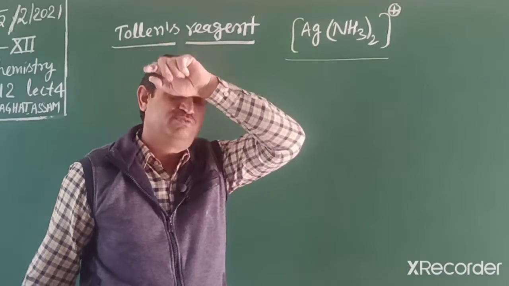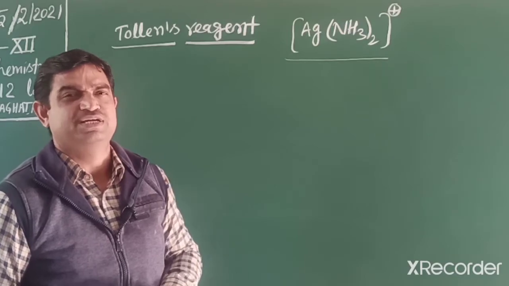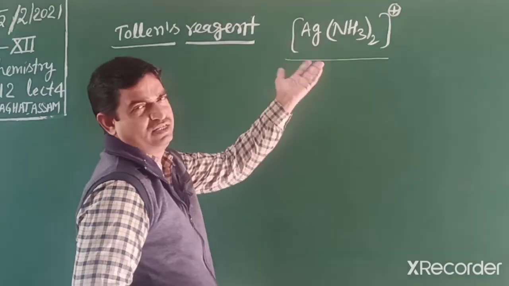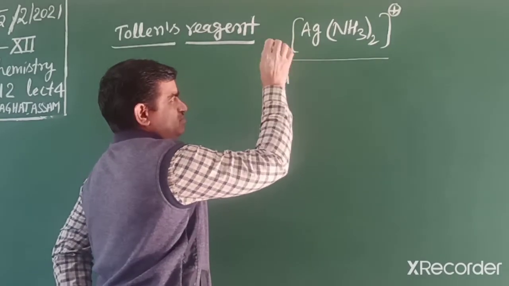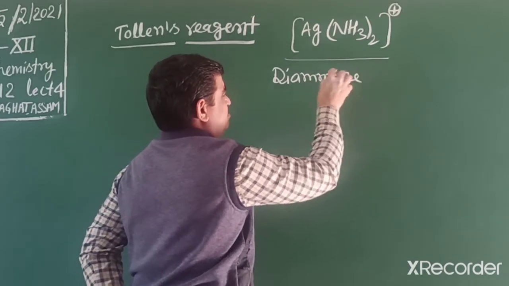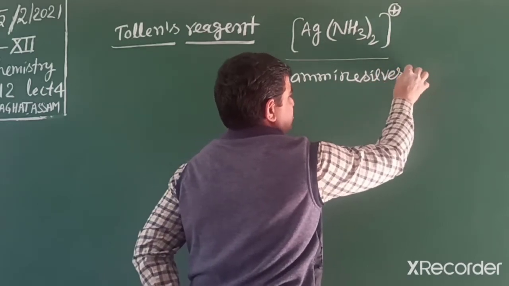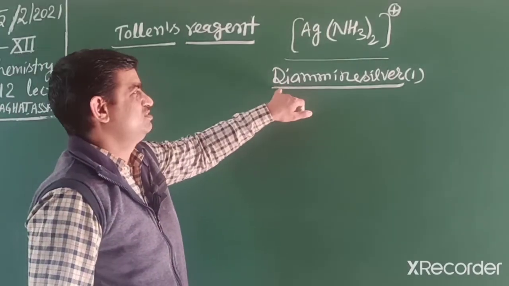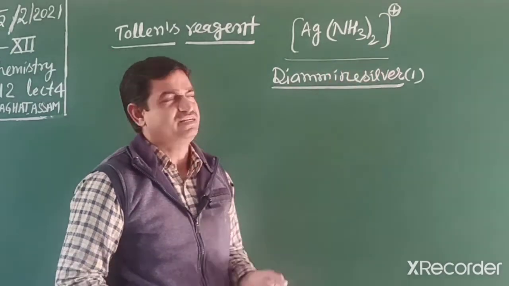Coordination compound nomenclature is slightly different, and you already studied it in chapter 9, coordination chemistry. First we write the ligand's name in alphabetical order. There is only one ligand, and the 2 means diammine. Diamminesilver first, because this is a positive ion, so its IUPAC name is diamminesilver(I) ion, and outside we write nitrate also.